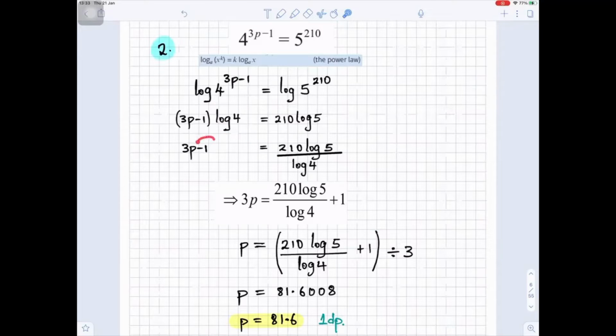Now it is minus 1 on the left, we take it to the right, it becomes plus 1. So 3p is equal to 210 log 5 over log 4 plus 1. It's times 3p, we take the times 3 to the right, it becomes divide by 3. And you would put all of that in your calculator to get the answer.